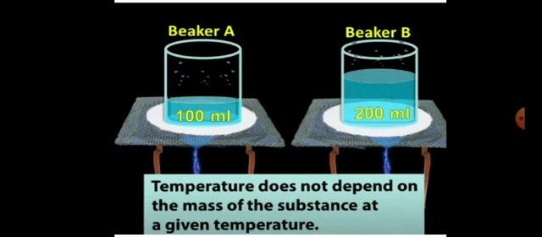Is it right? Water will boil at 100 degrees centigrade, though the water present in beaker A is 100 ml, or in beaker B water present is 200 ml quantity. So temperature does not depend upon the mass of the substance.